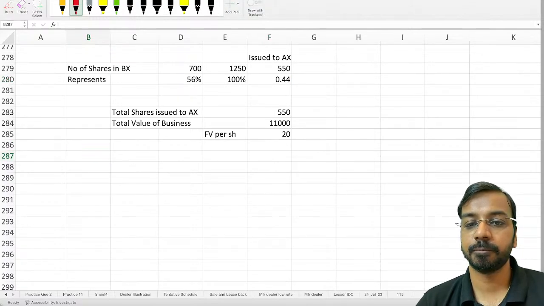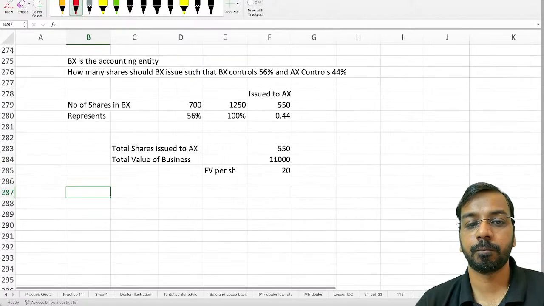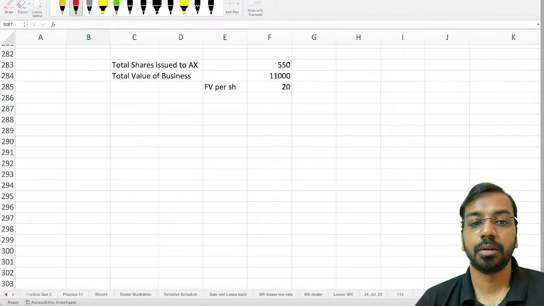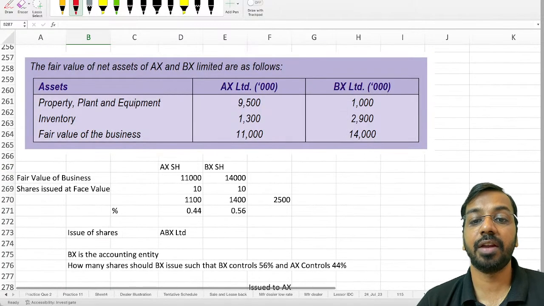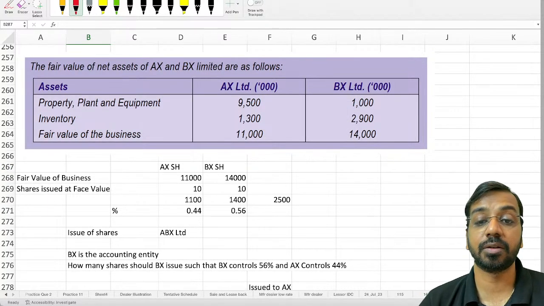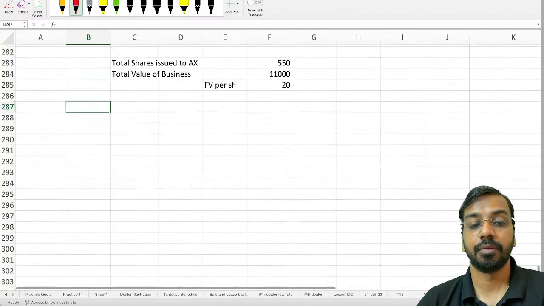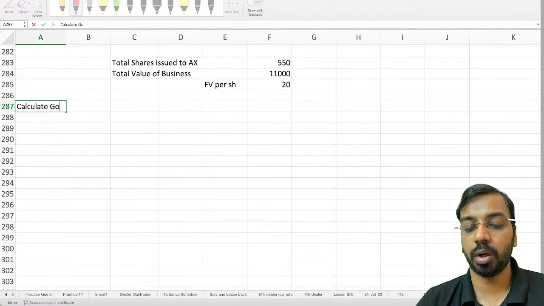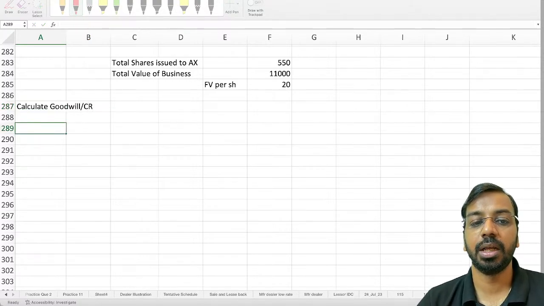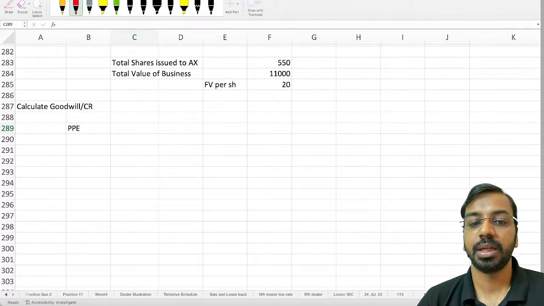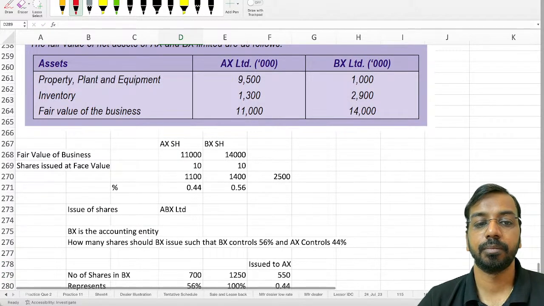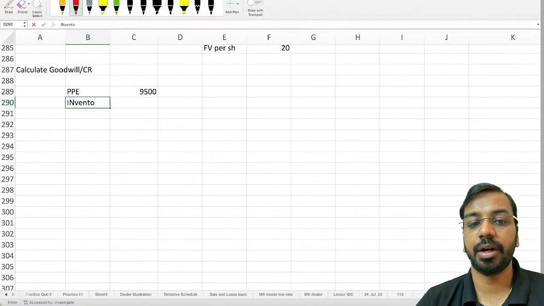Okay, no questions? Now, when the business combination happens and fair value accounting is to be done in case of reverse acquisition, we'll have to calculate goodwill or capital reserve. For calculating goodwill, property, plant and equipment, the fair value is 9,500, given here. Then inventory 1,300, fair value is given there.